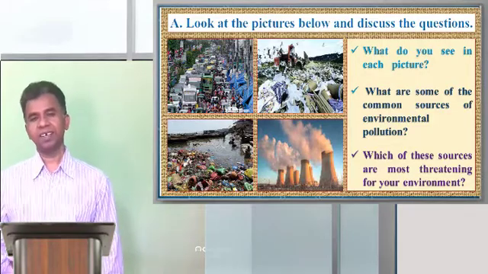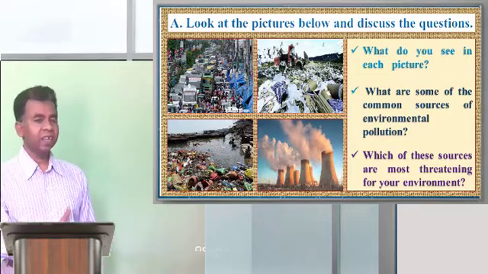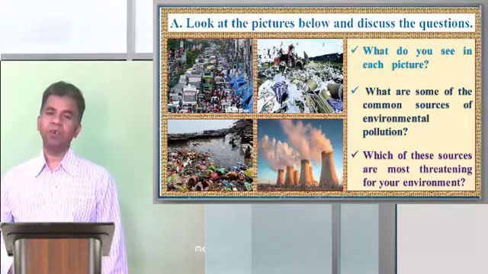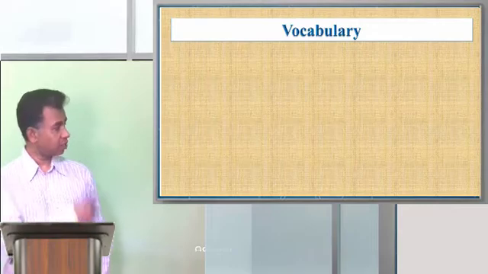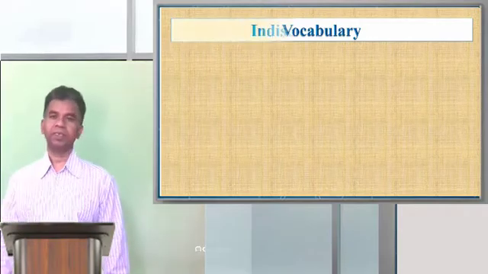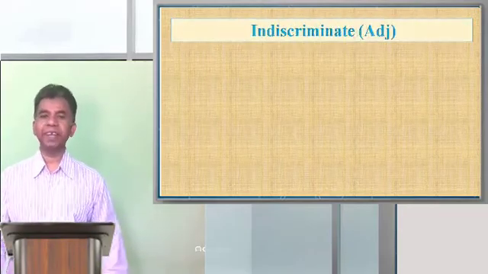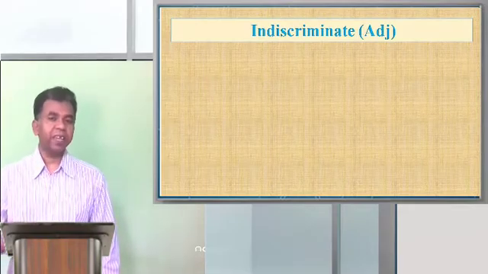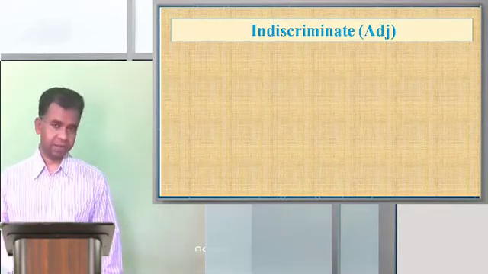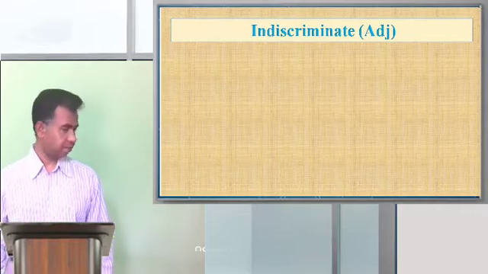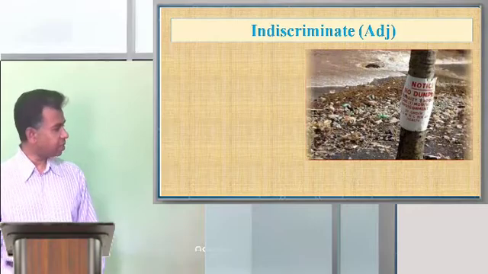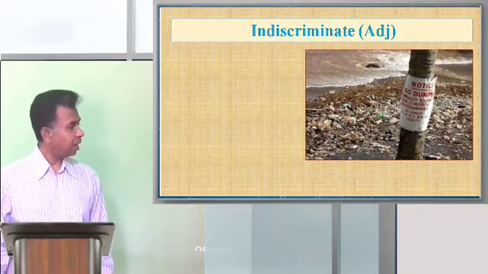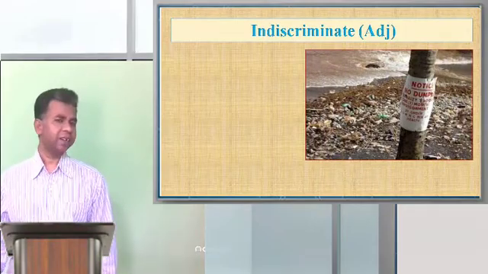Okay, dear students, after discussing the 4 pictures, now I will discuss some vocabulary with you. First one, indiscriminate. Pronounce with me. Indiscriminate. Indiscriminate. Okay, look at the picture. Can you guess what is the meaning of indiscriminate?